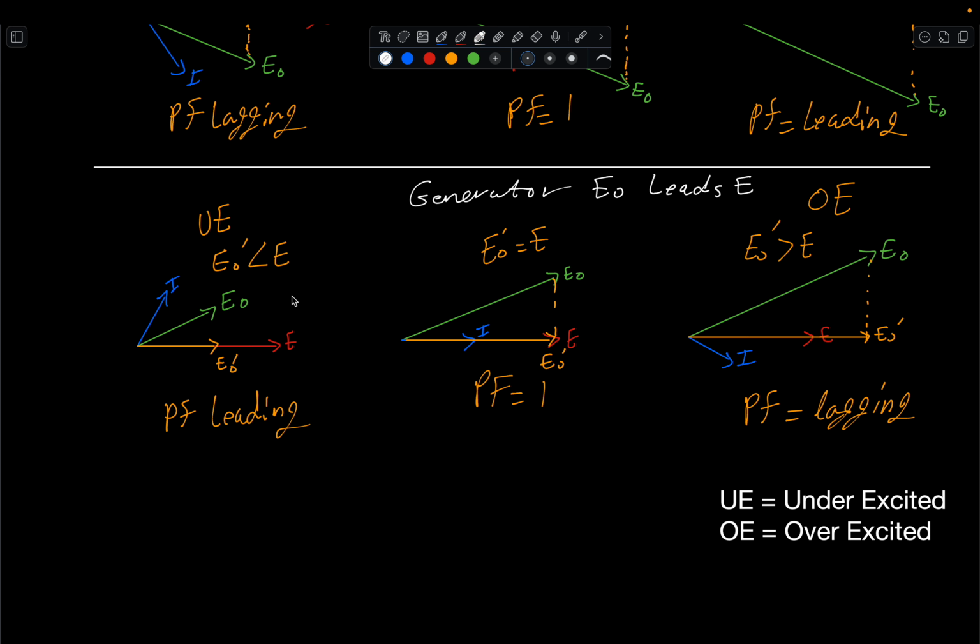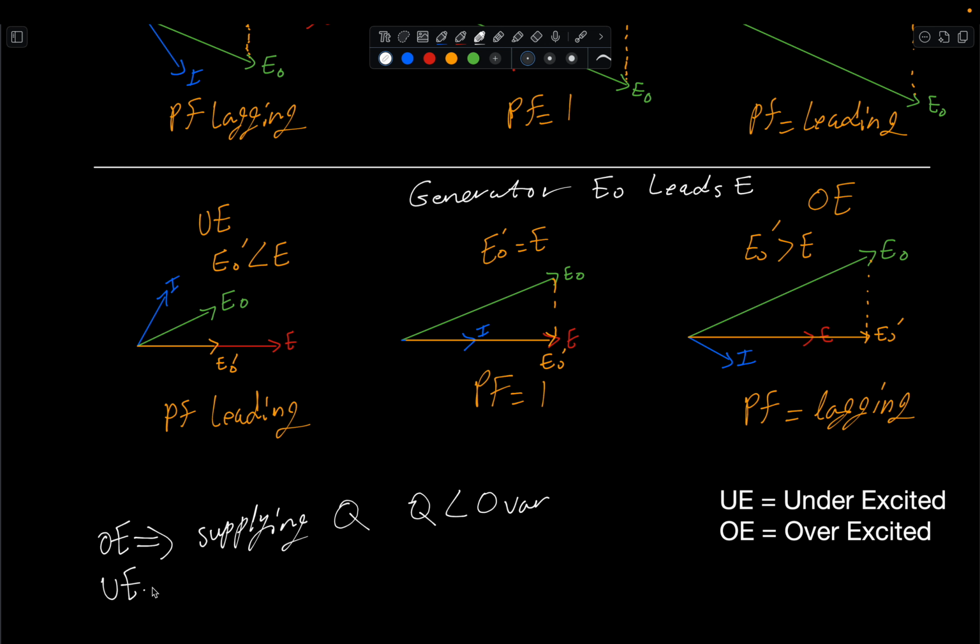When the system is overexcited, regardless of whether it's a motor or a generator, it's considered as supplying Q, which means Q is less than 0.